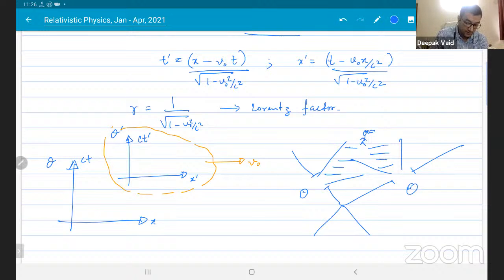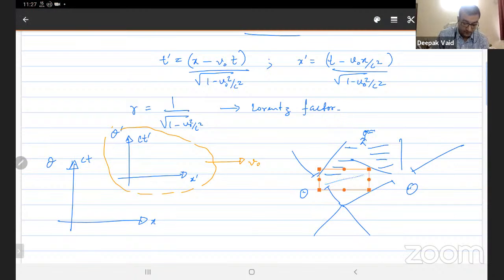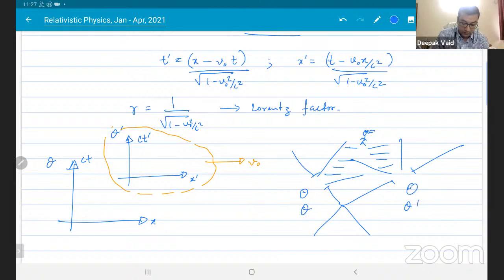And so this person will assign some set of coordinates to whatever they're looking at, right? So this person is O and this person is O prime. So O will say, oh, okay, this lady is standing at the position x and at the time t as measured by my watch, right?